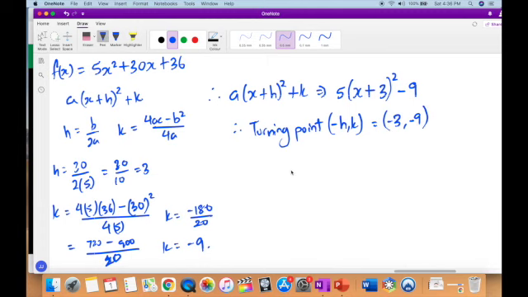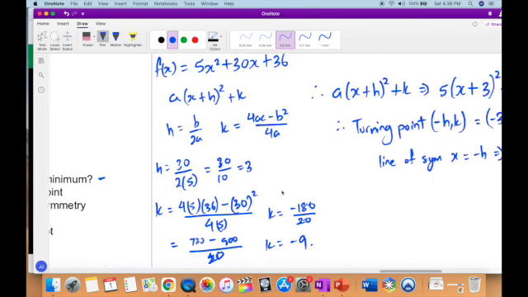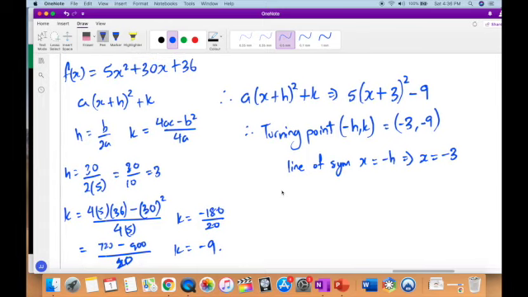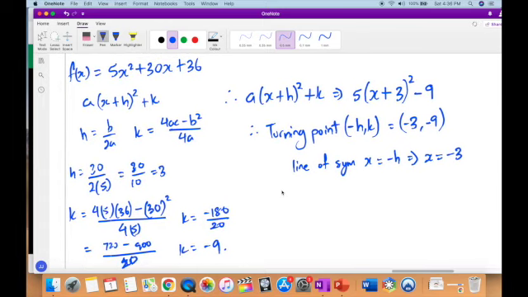You all got that for the turning point? Yes, sir. And the line of symmetry, x is equal to negative h, which implies x equals negative 3, yeah? Okay. So once we find all of that, we could find everything.